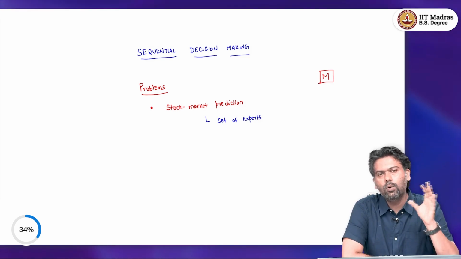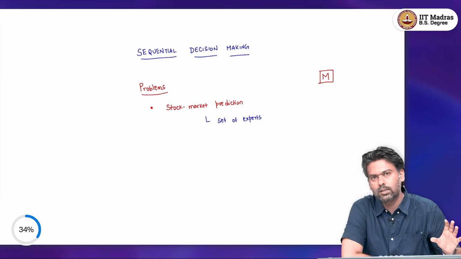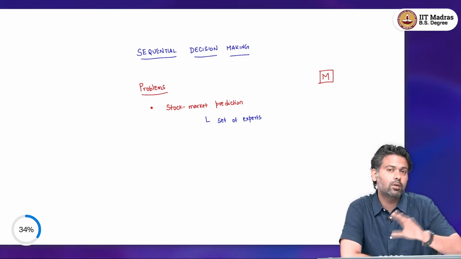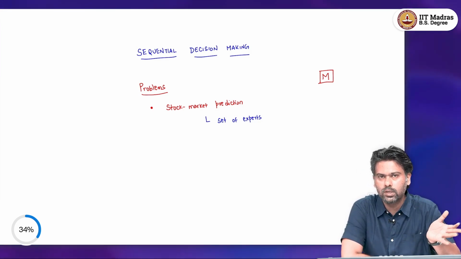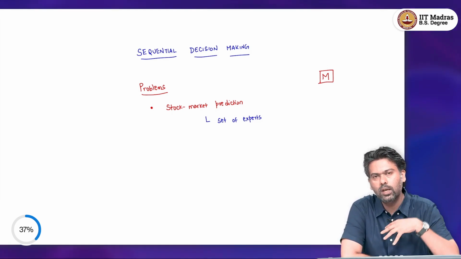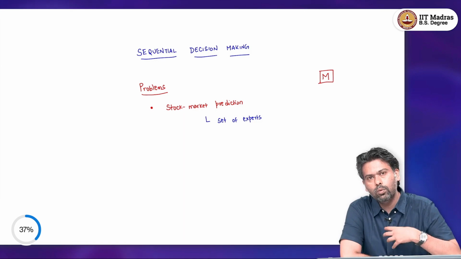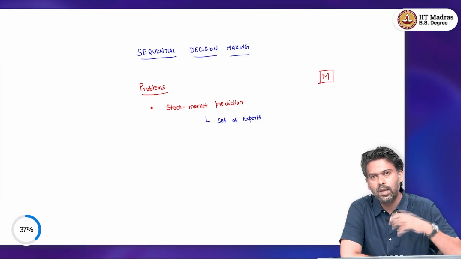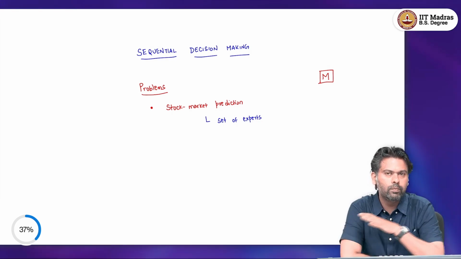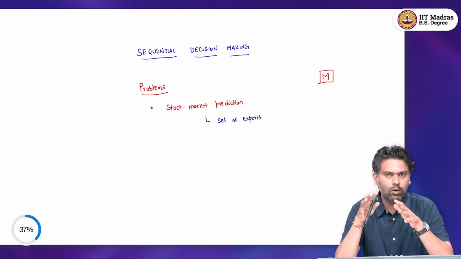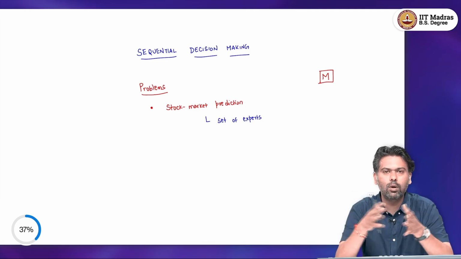Okay, and now you have heard from all these experts. It's not necessary that all of them are going to say yes or all of them are going to say no. Some of them might say yes, some of them might say no. Whatever it is, you hear their expert advice, and now you as an individual make a decision whether to invest or not. Now the decision that you make will obviously somehow depend on the experts.